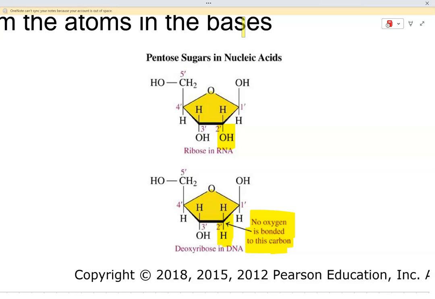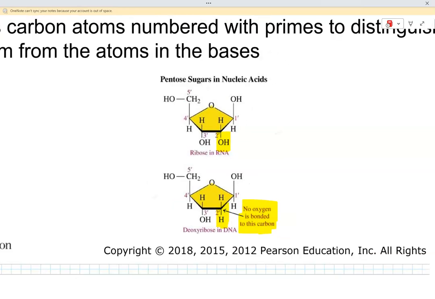That's the whole difference between ribose and deoxyribose. Am I making sense? Why is this important? This one single OH group makes the RNA molecule very chemically unstable, and we will talk about why this is important when we get to protein synthesis. Okay? Good, everyone?